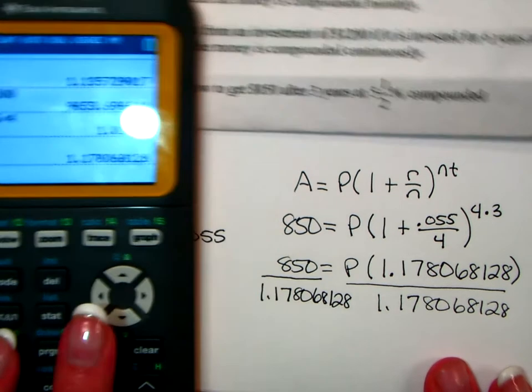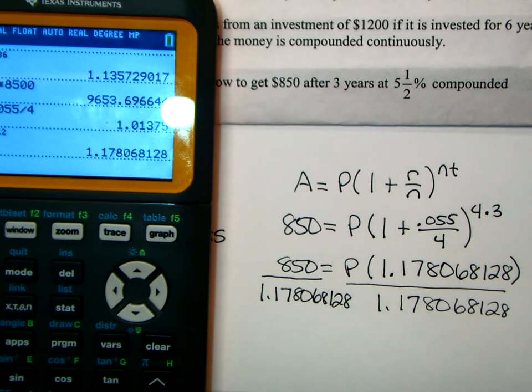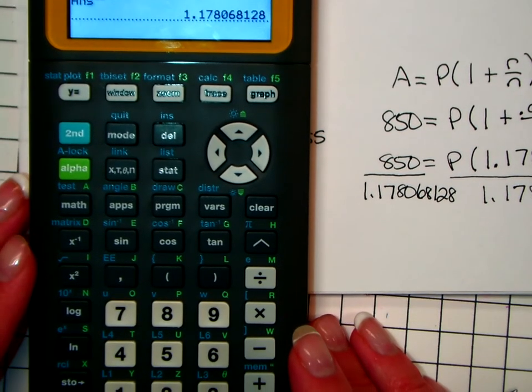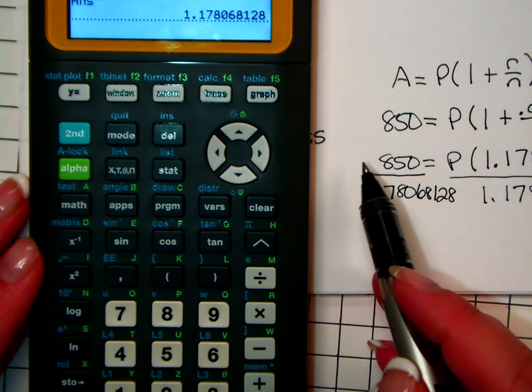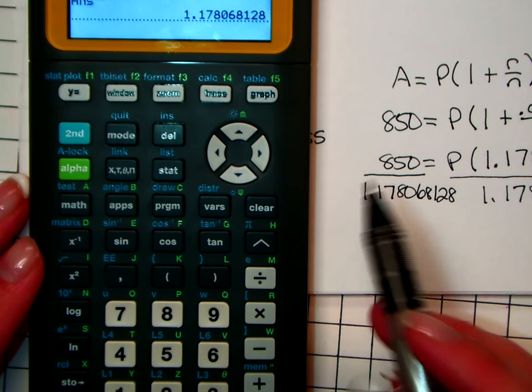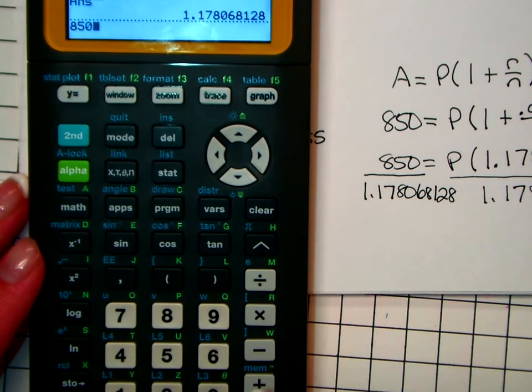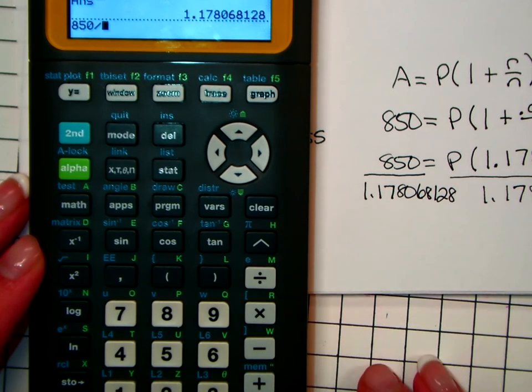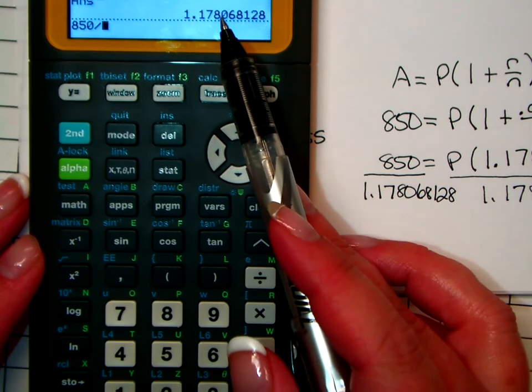All right, so I'm dividing both sides of this equation by 1.178. There's an easy way to do this on the calculator so that you don't have to retype it. We're going to do 850 divided by that decimal. So type in 850, and then hit your division symbol, and then I can pull this answer.